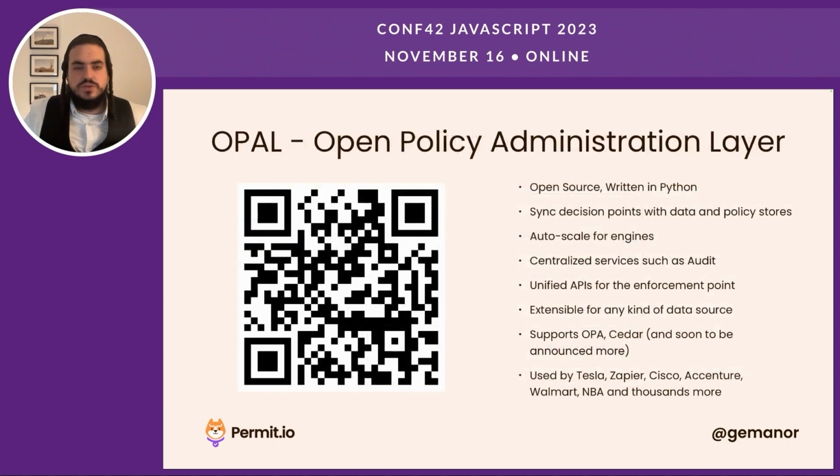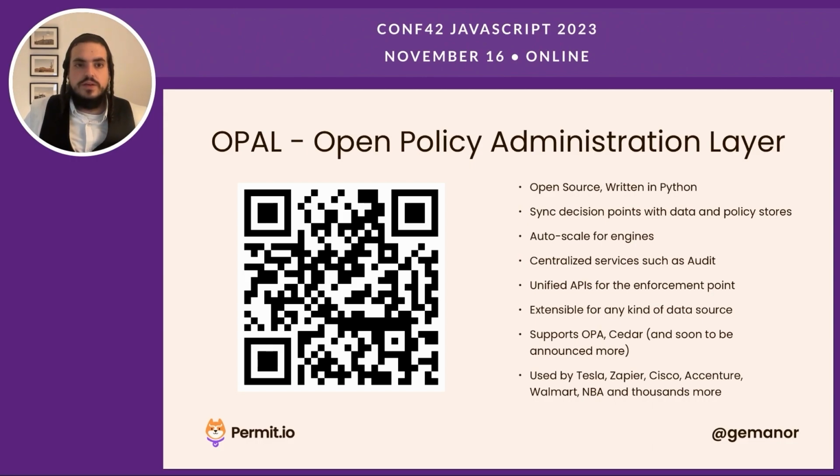Not from scratch. We can use Opal. Opal is an open source tool that lets you, with one Docker Compose file, spin up in minutes everything we saw before, and create a complete microservice that can help you do authorization in all your applications using one interface, with audit.